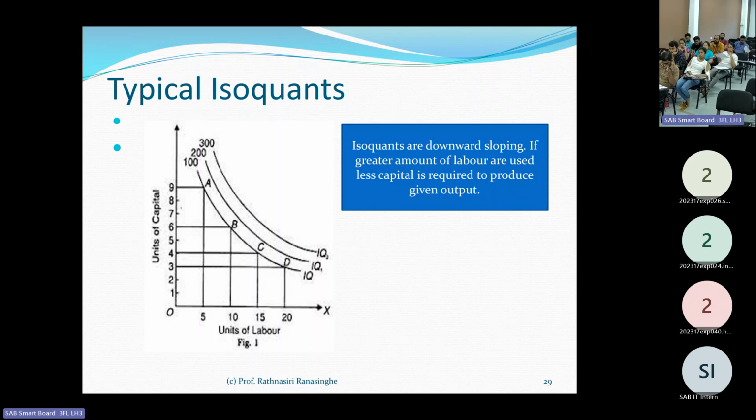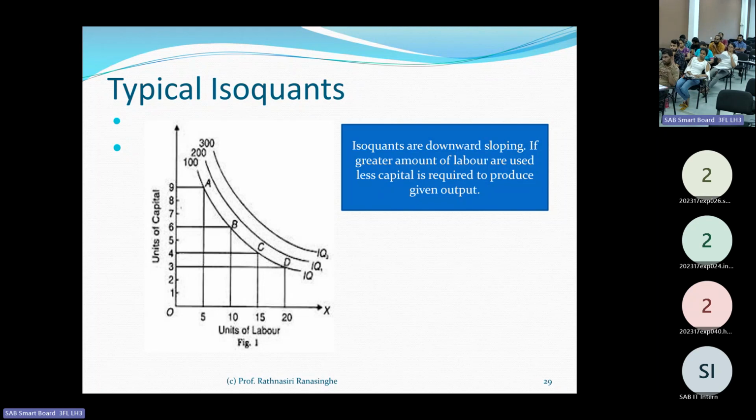Now the other property is that the isoquant is convex to the origin, not concave. If you increase the labor inputs by each increment, here 5, 10, 15, you have to sacrifice capital.